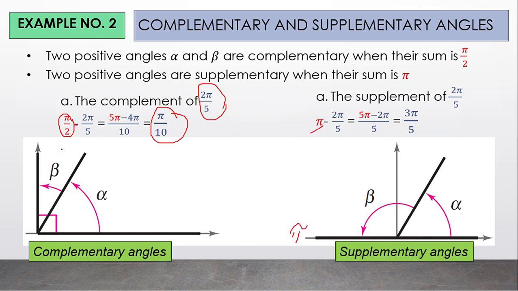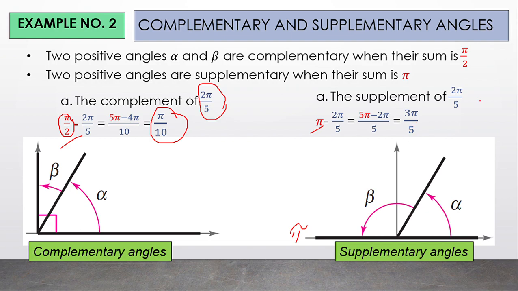Kasi dito kay pi over 2. So, ngayon, kay pi naman natin siya ima-minus. Pi minus 2 pi over 5 is equals to, so, ang LCD is 5 divided by 1 times pi, 5 pi minus 2 pi. So, pi minus 2, 3 pi over 5.